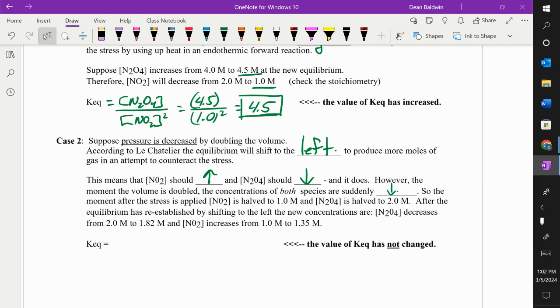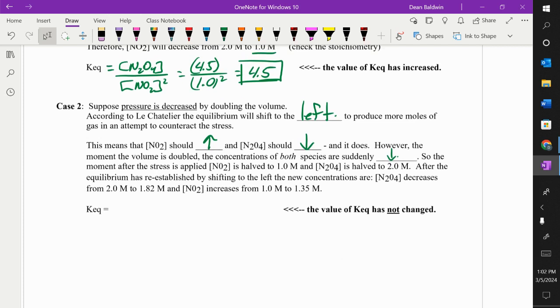2 minus 1.82. I can't do the math. 0.18. That's it. Okay. All right. So if we measure the KEQ now, once we've done this shift, the equilibrium change, it's the concentration of N2O4 over the concentration of NO2 squared.